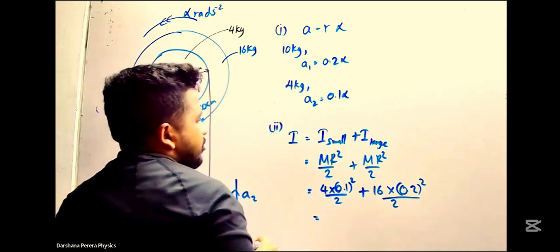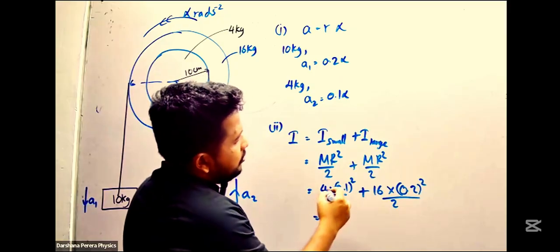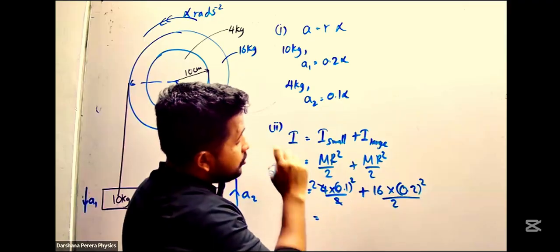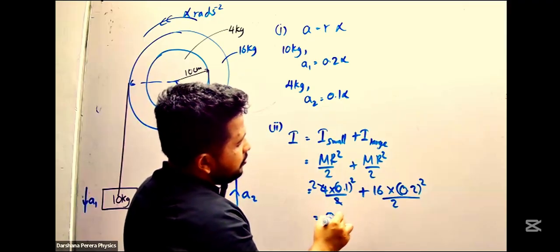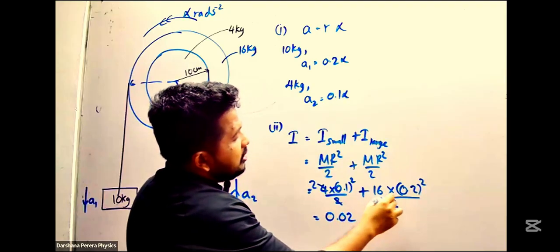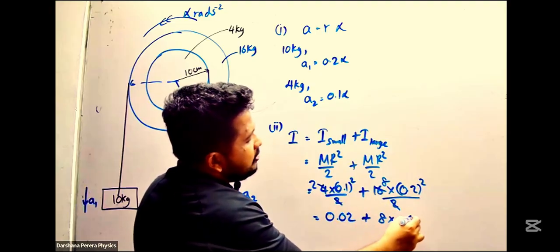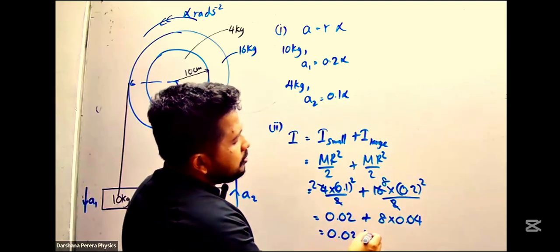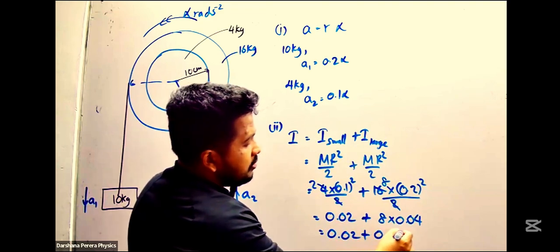What's the answer? 0.1 square means 0.01, that means 0.02, plus 8 into 0.04, that is 0.32.